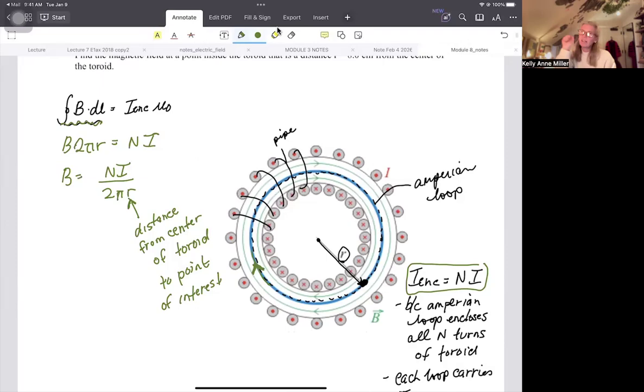But it's assuming that the point of interest is inside the toroid. Okay, so this is how you calculate the B field for a toroid. And that's pretty much it.